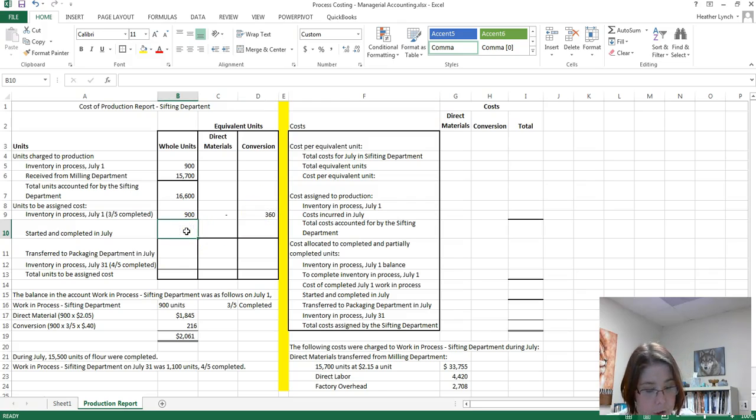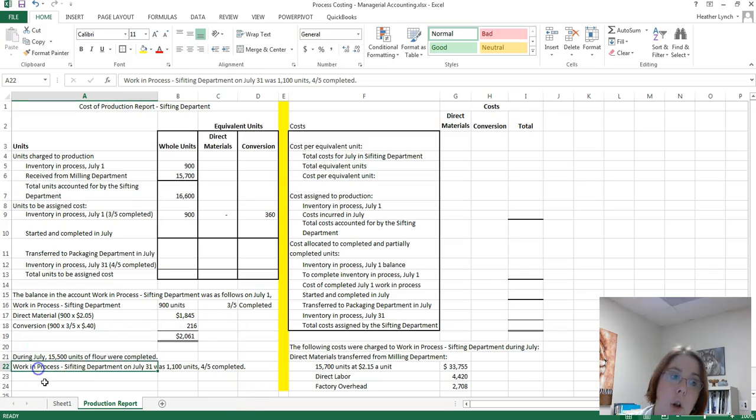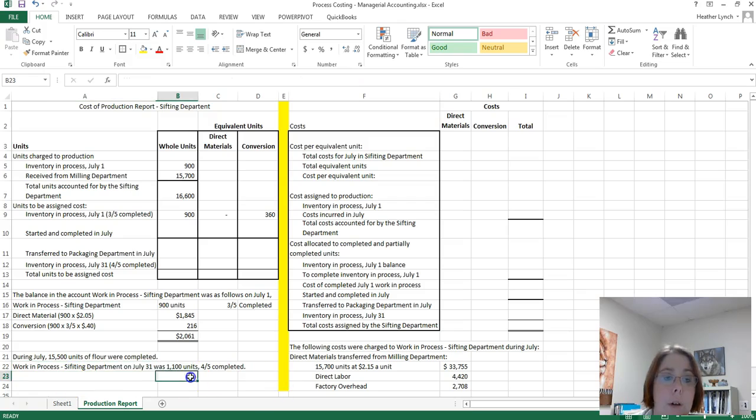Now we need to look at the started and completed in July. We received from the milling department 15,700 units. In our information down below here, they show work in process, sifting department, on July 31st was 1,100 units that were 4/5 complete.